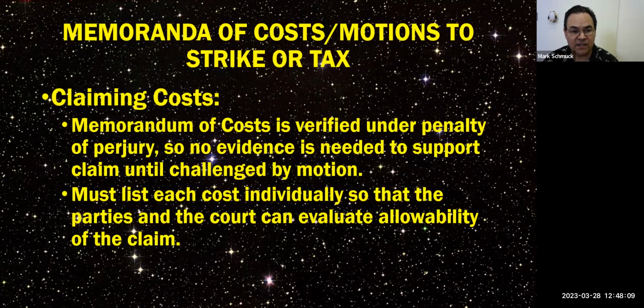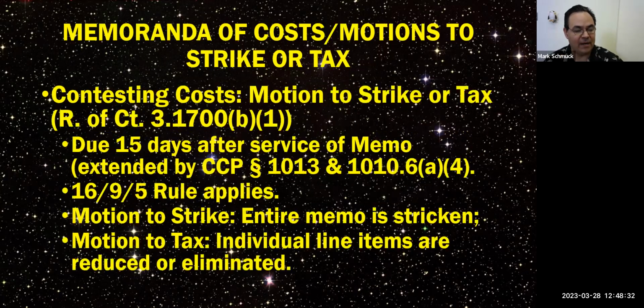The Memorandum of Costs is verified under penalty of perjury, so no evidence is needed to support the claim until the claims are challenged by a motion. The claims must list each cost individually so that the parties and the court can evaluate the allowability of the claim.